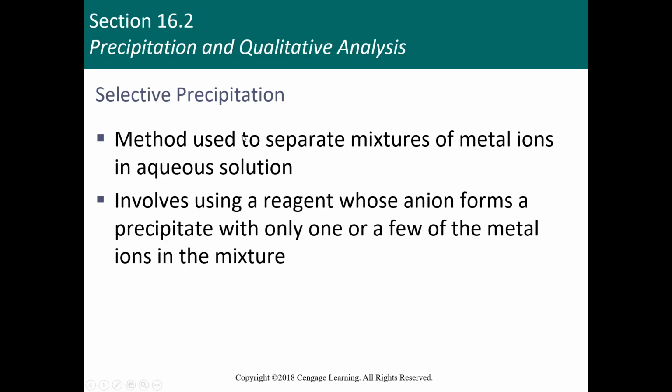All right, so selective precipitation is a method that's used to separate mixtures of metal ions in aqueous solution. It involves using a reagent whose anion forms a precipitate with only one or a few of the metal ions in the mixture. This is how people used to try changing lead into gold in alchemy.